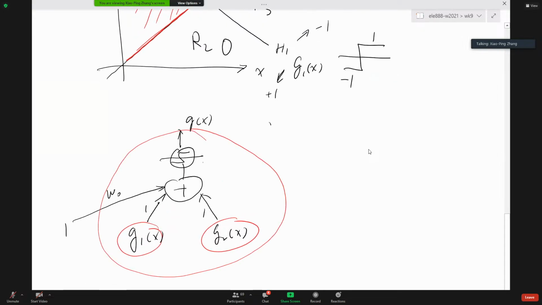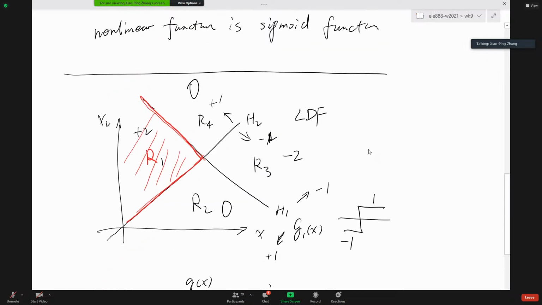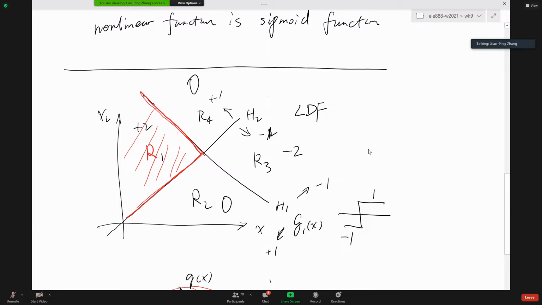As long as we pick the weights carefully, we are able to construct a decision region like this. Make sense? Okay, that's the basic idea.